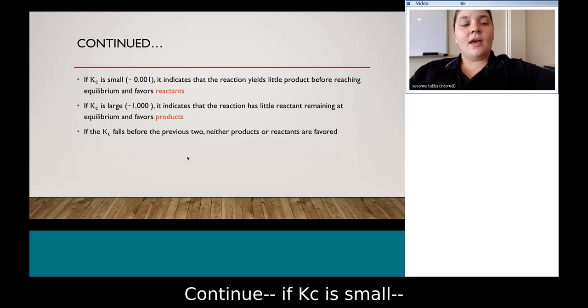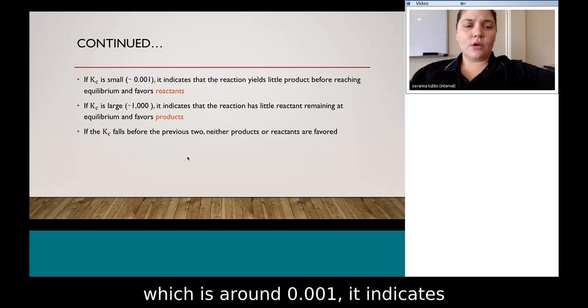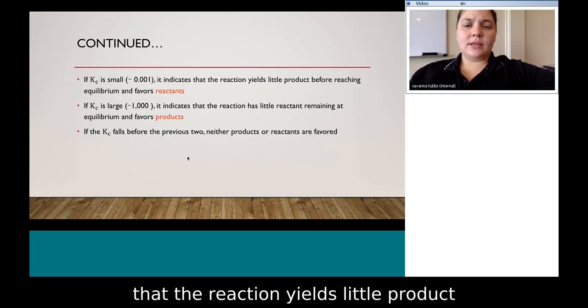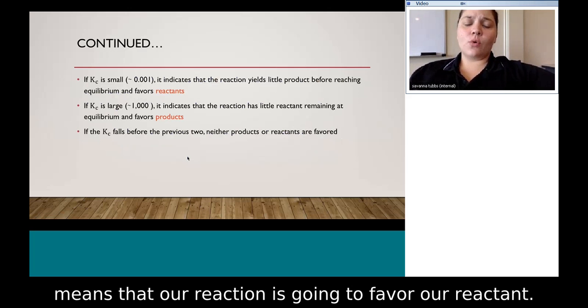Continue. If Kc is small, so if our equilibrium constant is small, which is around 0.001, it indicates that the reaction yields little product before reaching equilibrium, which means that our reaction is going to favor our reactants.